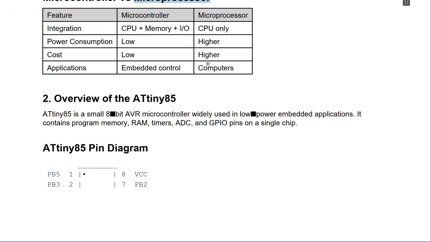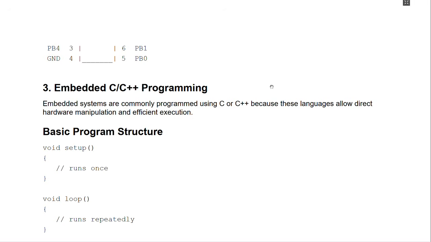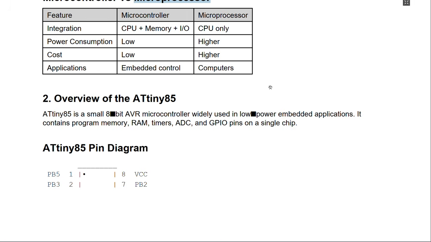Let's look at something else interesting. Let's look at an overview of the ATtiny85. An ATtiny85 is nothing more than an 8-bit AVR microcontroller widely used in low-power embedded applications.